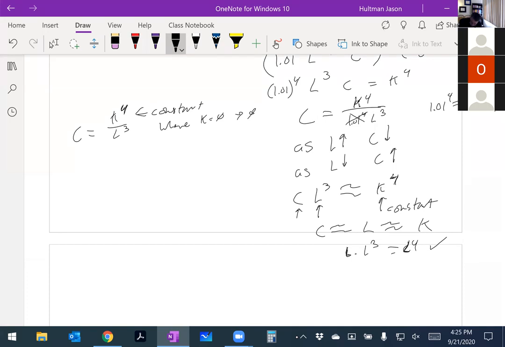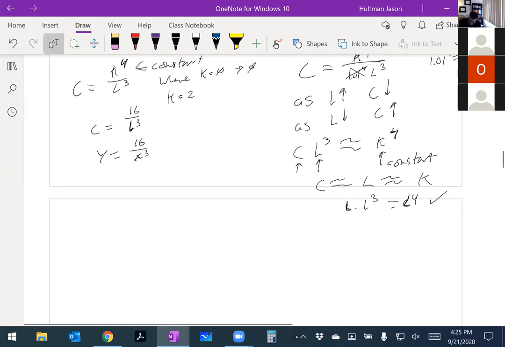But what if K was equal to, say, 2? What would this look like? Well, it would look like C is equal to 2 to the 4th, which is 16, over L cubed. If you think of this in terms of X and Y, Y is equal to 16 over X cubed. What does that look like? Well, that looks like a rational function. This is a rational equation.